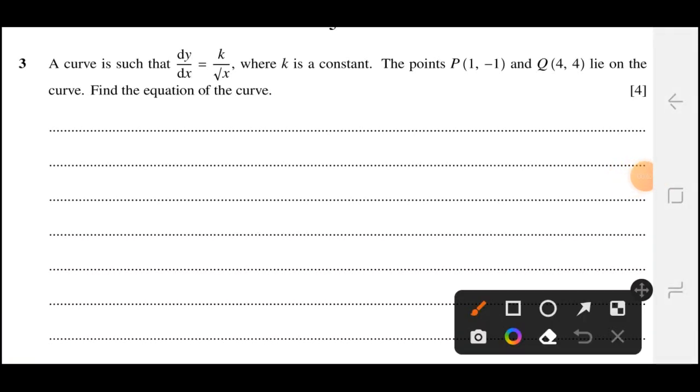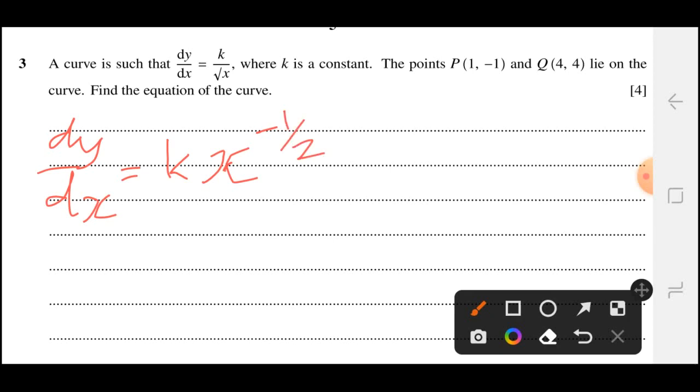In this question, we want to integrate k over root x. Right, so integrating, we have dy dx. dy dx is equal to k over root x, which is the same as k times x to the power minus half.